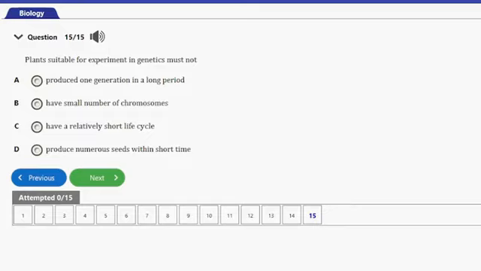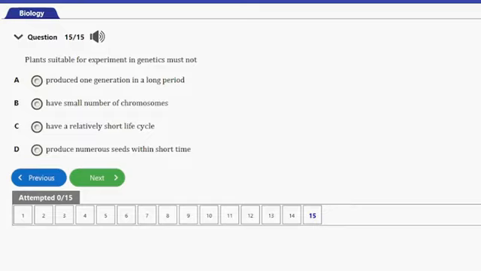So guys, plants suitable for experiments in genetics should not produce one generation in a long period. This is because in genetic experiments, we often require multiple generations to observe patterns of inheritance and genetic variation.